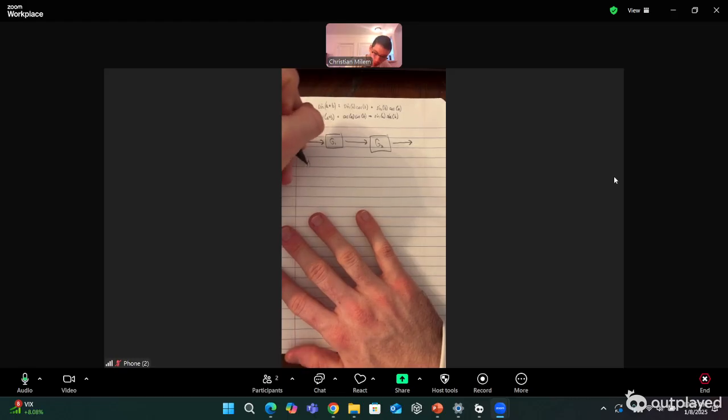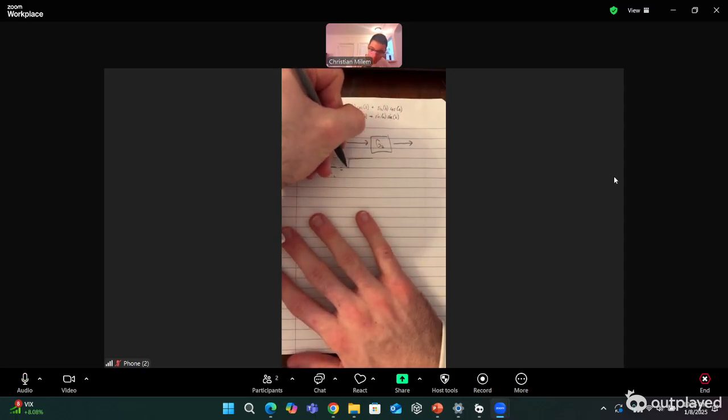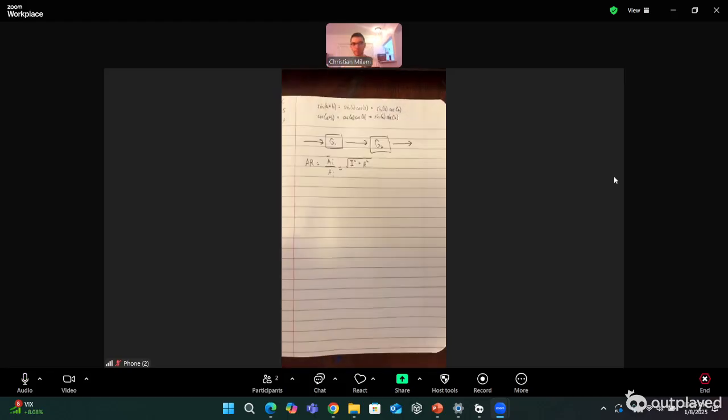The amplitude ratio, which equals the new amplitude over the original amplitude of any kind of system, equals the square root of the imaginary part squared plus the real part squared.